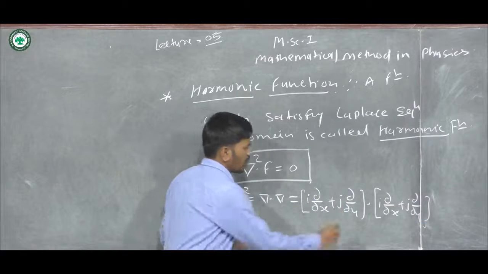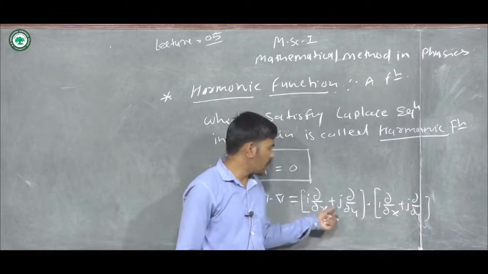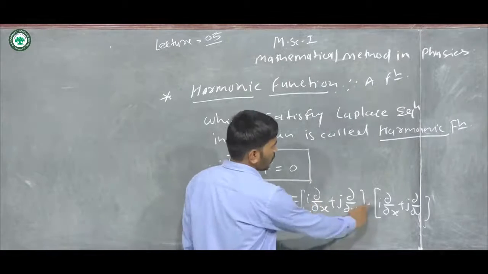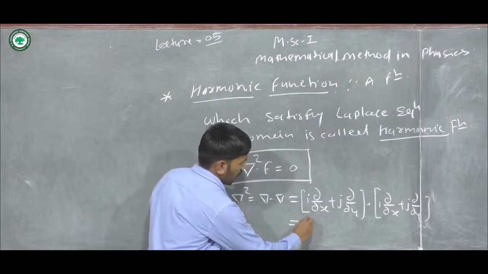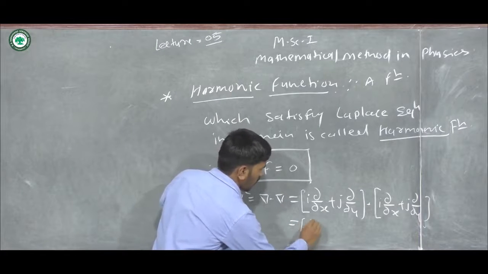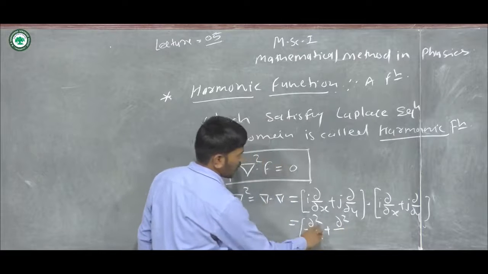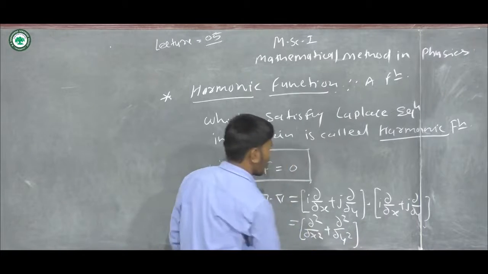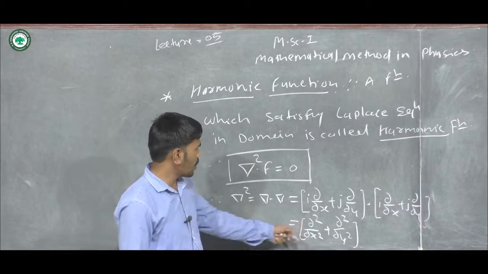If we take the dot product, i dot i is equal to 1 and j dot j is equal to 1, and the cross products i dot j and j dot i are equal to 0. So I rewrite: del square is dou square by dou x square plus dou square by dou y square. This is the expression for del square.